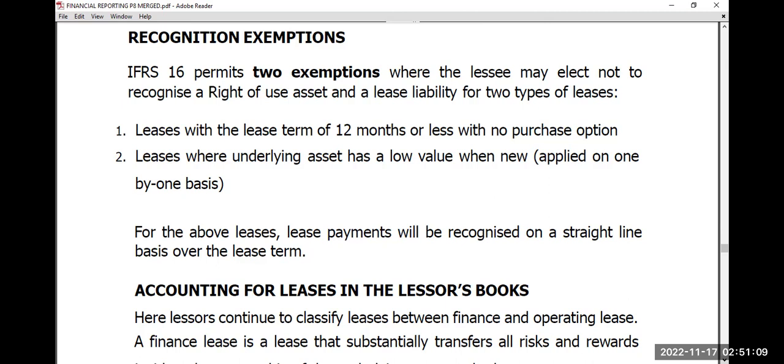But basically, when you're trying to check these assets, they are talking about an asset which is below $5,000. At least you may say that is a low asset.